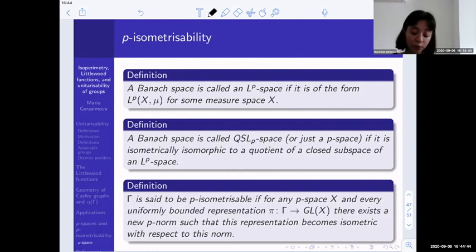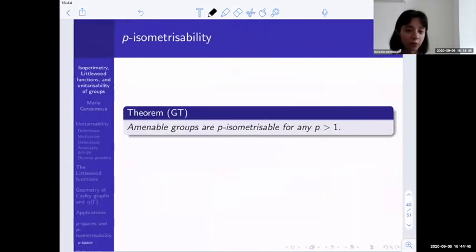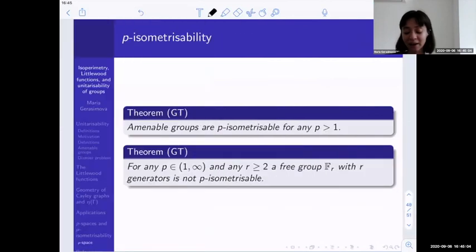And then we can prove that, for example, amenable groups are P-unitarizable for any P bigger than or equal to 1. And our friend the free group, which is the most common example of a non-amenable group, is also not P-unitarizable for any P bigger than 1.